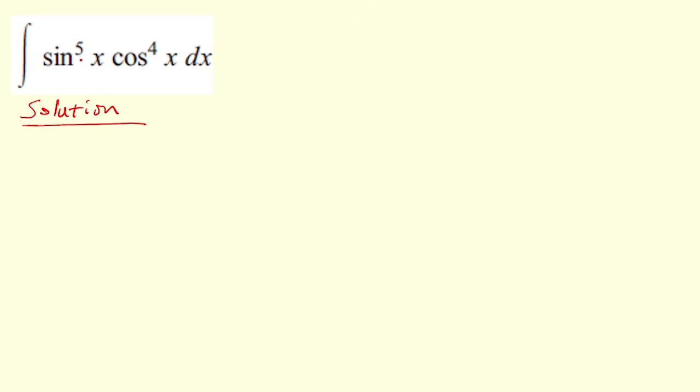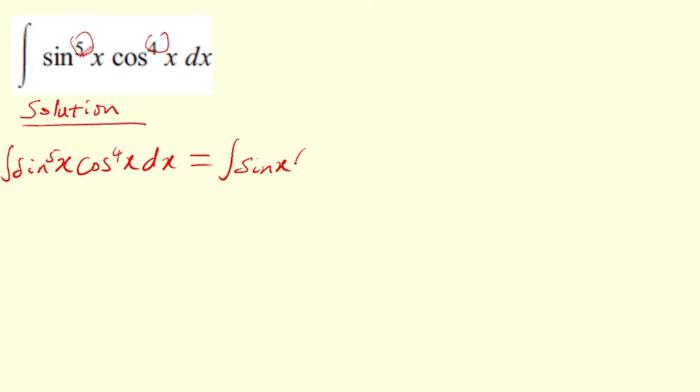Now in this case, look, we have the power 5 and the power 4. So what we need here is the odd part. The integral can be written as the integral of the odd one. Take sin x as a factor, then you'll have sin^4 x times cos^4 x dx.